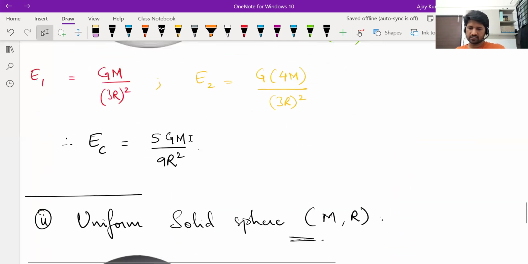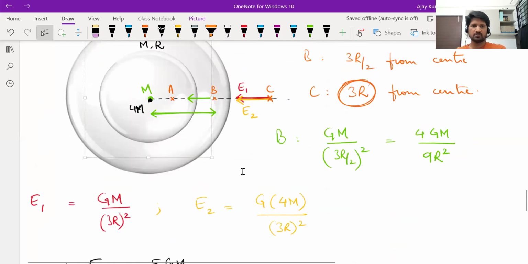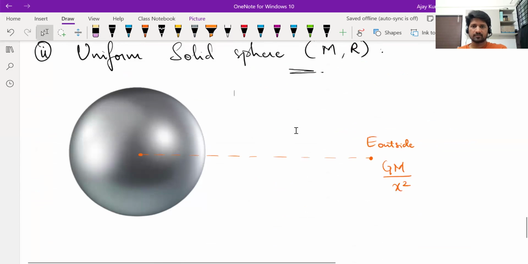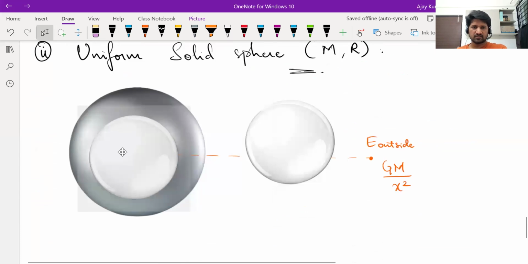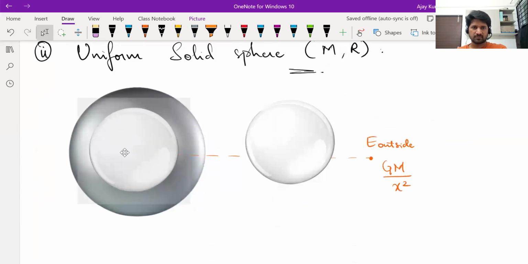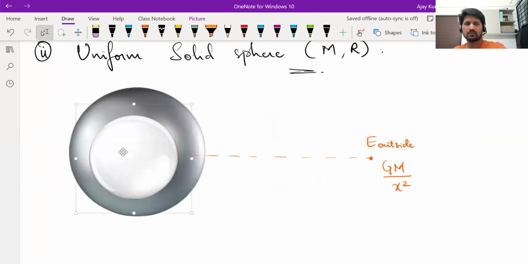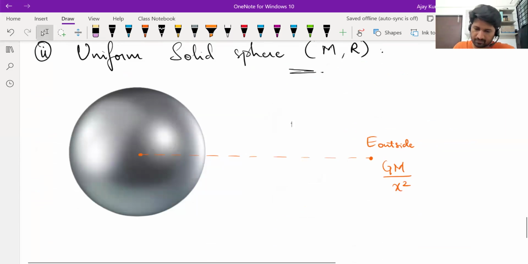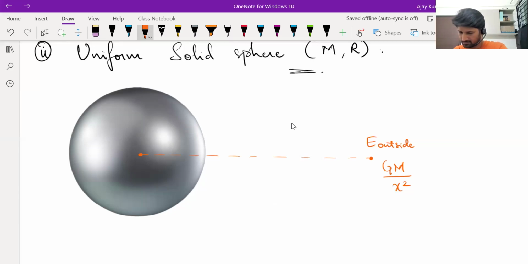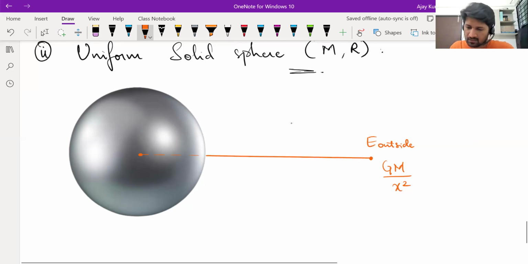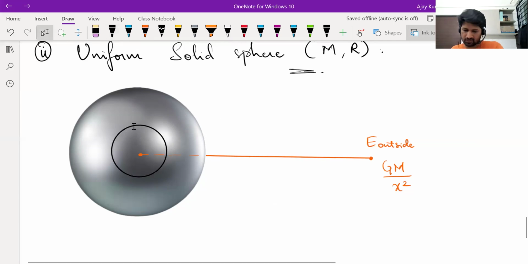As I said, solid sphere can be considered as a collection of hollow spheres. So let's consider a hollow sphere like this. Treat this solid sphere as a collection of hollow spheres. Imagine one hollow sphere like this.